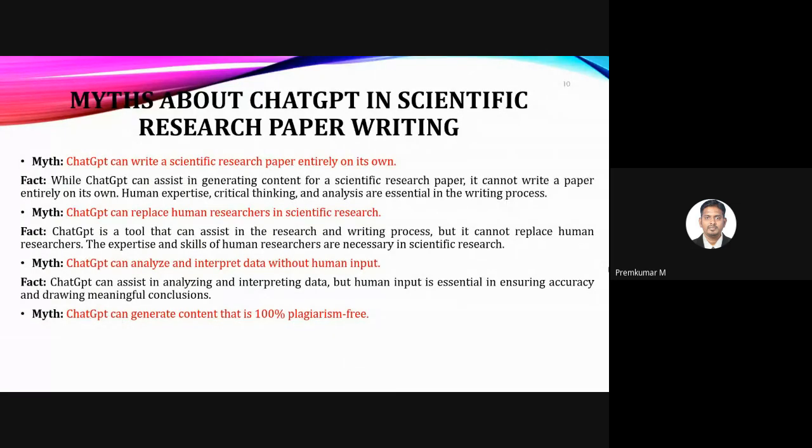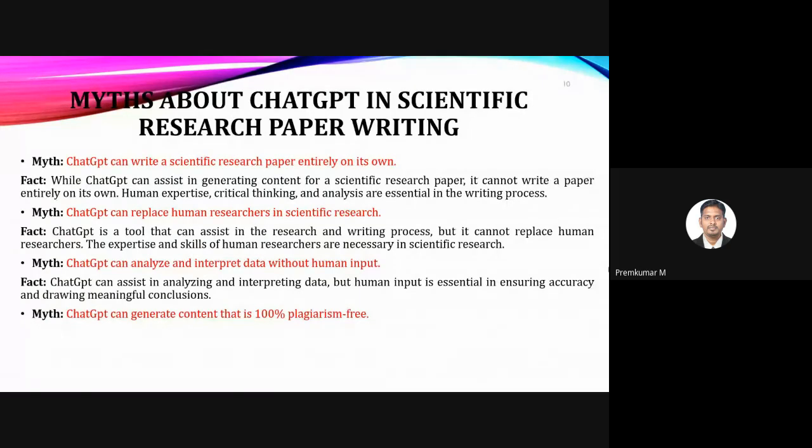Because nowadays, as you know, before March 2023, when you took plagiarism reports, you could see only the plagiarism or similarity percentage. But nowadays, along with the similarity report, you can see the AI report also. The AI report says what percentage of the write-up is done with the help of AI tools.